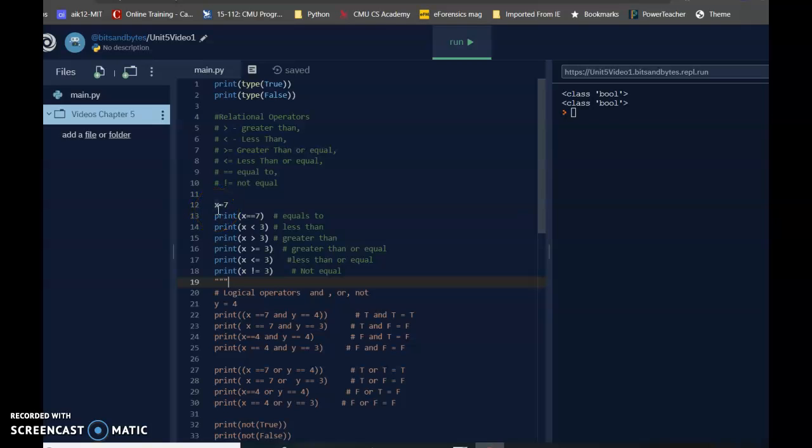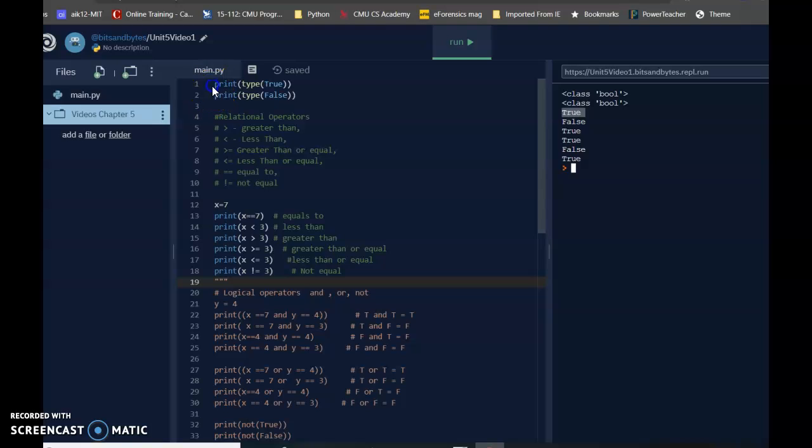So now x holds 7. The two equals compare: it compares x with the right side, which is 7. So x is 7, so 7 equals 7 should produce true when I run this. Let's go ahead and run this, and the first one should be true. And notice I do get true right here, which is the very first one.